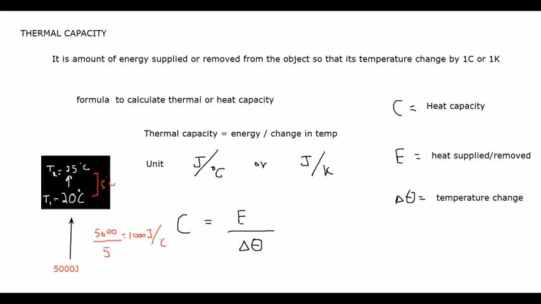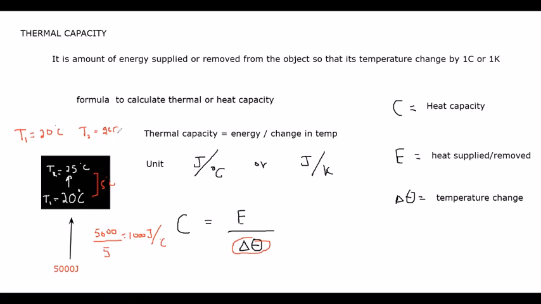Is it clear? Where is the 5 coming from? Delta theta is the temperature change. The starting temperature was 20 and the final temperature is 25.